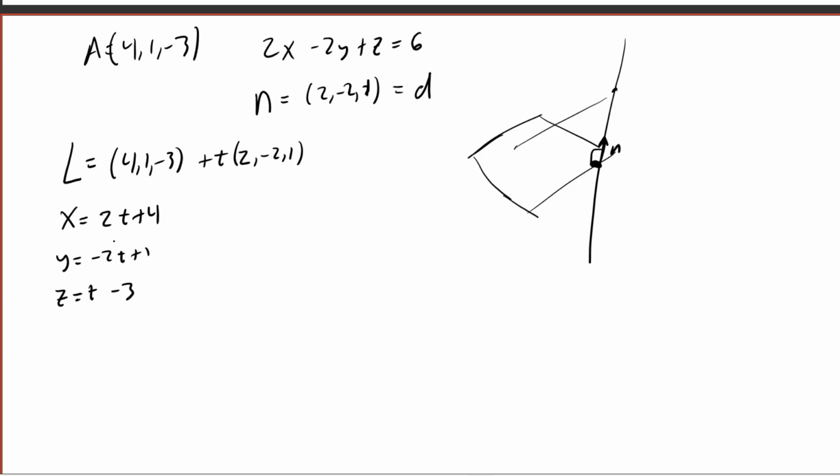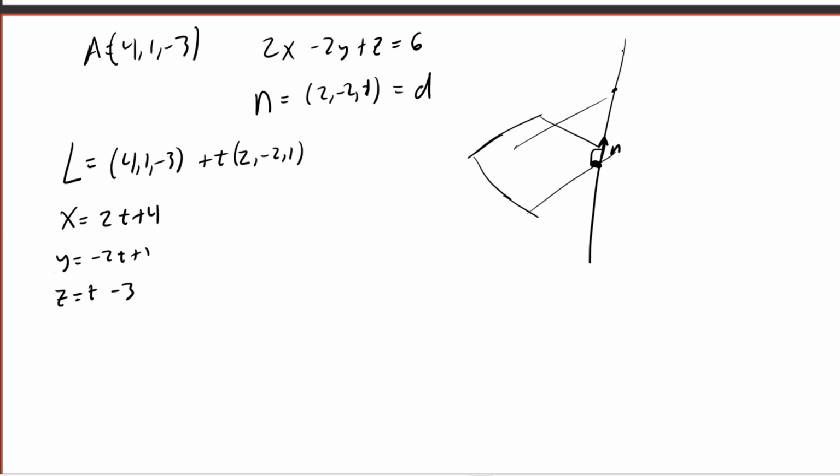I just distribute those out. That's how I got these. Now I know what x, y, and z are in terms of t. So I'm going to take these values, plug them into the plane, and figure out the value of t that makes this true.